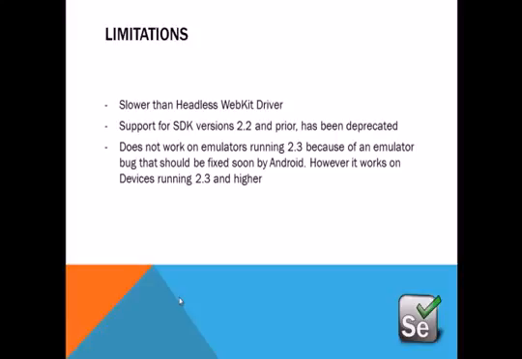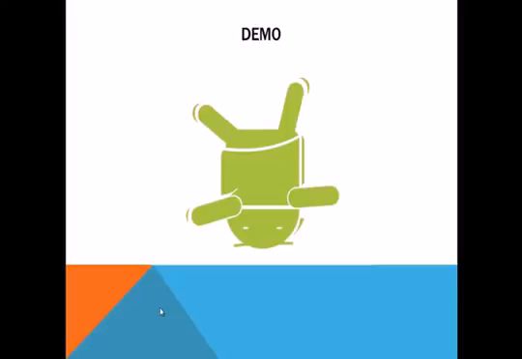So the main problem you're going to face with this is that it's slower than a headless toolkit, and it supports 2.2 well in the emulator, but 2.3 has some little problems. With 3, Android is currently trying to fix this problem. I hope in the very near future it's going to be fixed. But the device is okay. All versions don't make any problem.